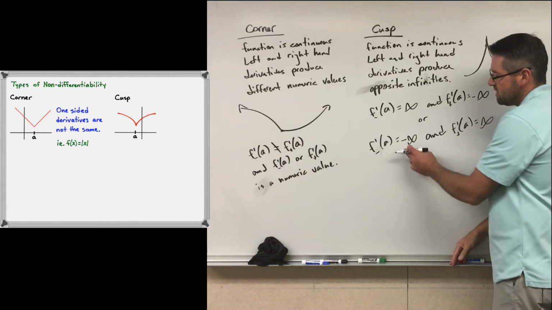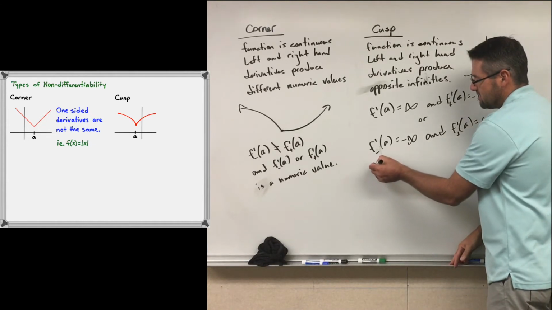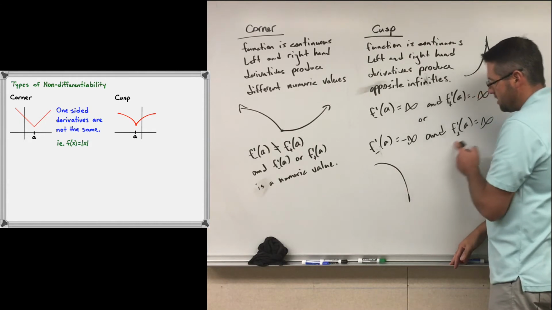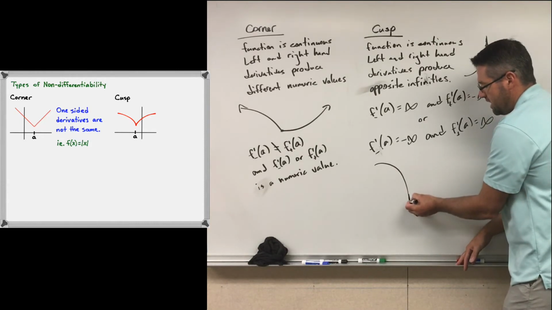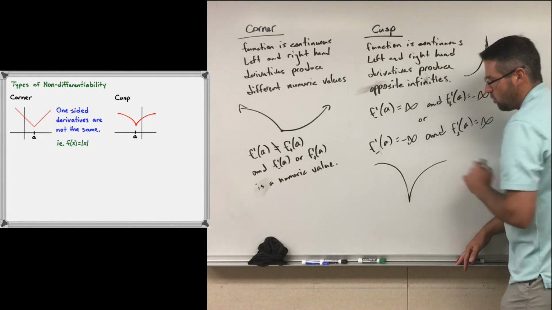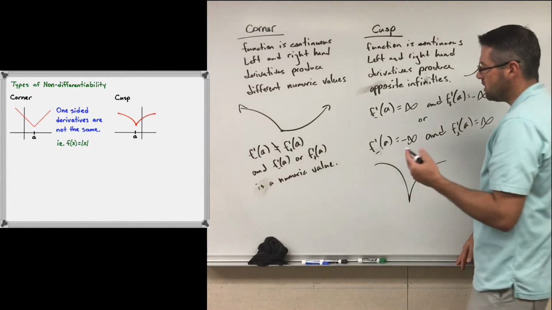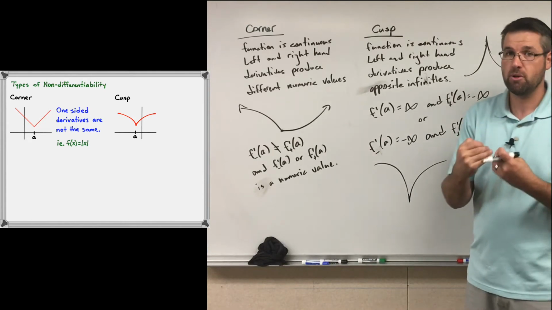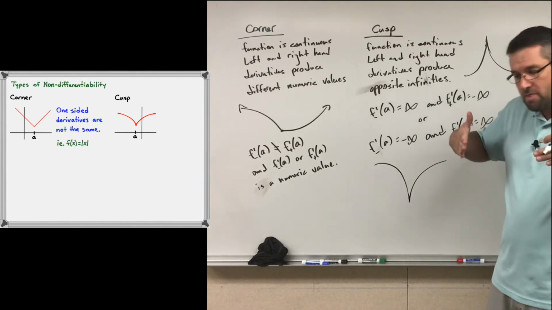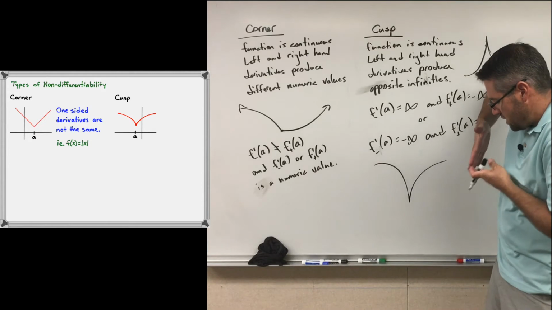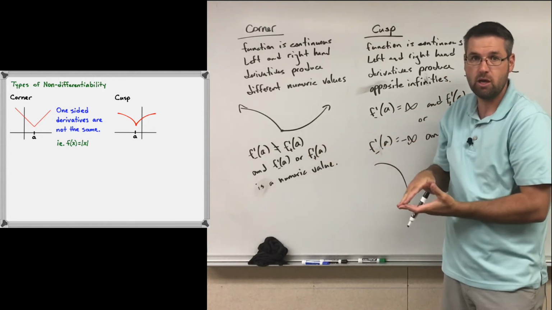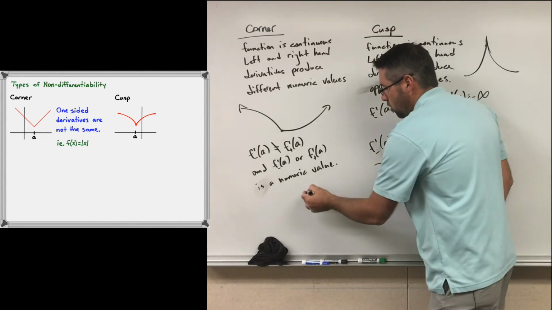Here, this slope is negative infinity. That means the function is diving downward till it hits vertical. And then on the other side, it is increasing from that point to where it's vertical. So you can see that these look very similar to corners, but they're very sharp corners, so much so that they create this verticalness, rather than a dull corner.